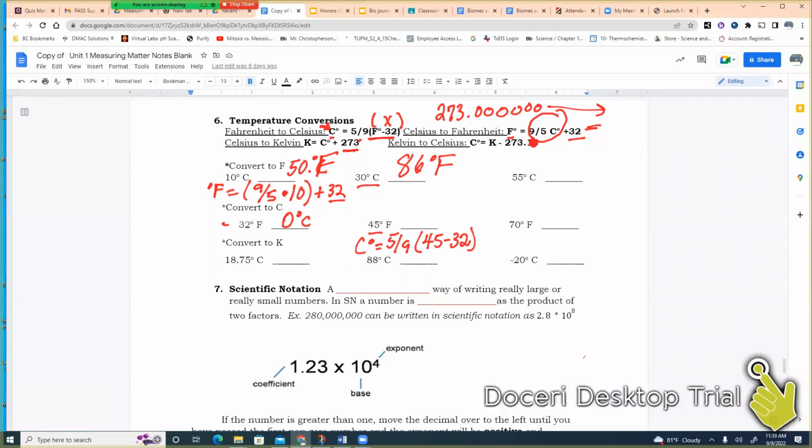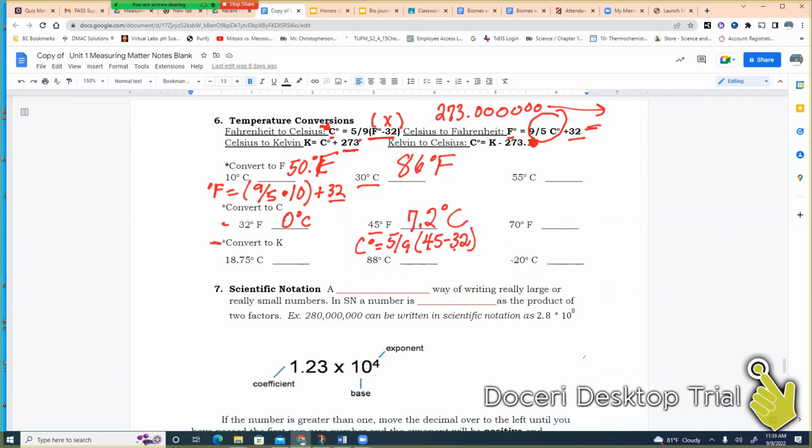What do we get on that one? 7.2 degrees Celsius. If we talk sig figs on this one, 45 minus 32 would give me 13, so that's 2 sig figs. So when I multiply it by 5/9, my answer should be in 2 sig figs.